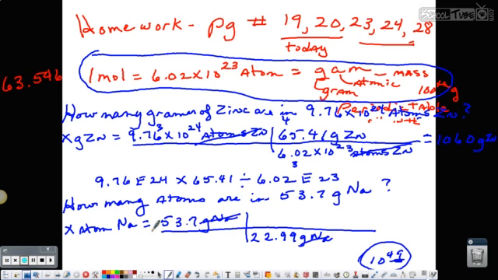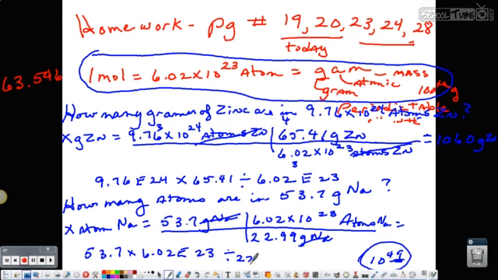On the top, I'm looking for atoms. The number that goes with atoms is 6.02 times 10 to the 23rd atoms of Na. So calculator, you're going to say 53.7 times 6.02 E23 divided by 22.99.